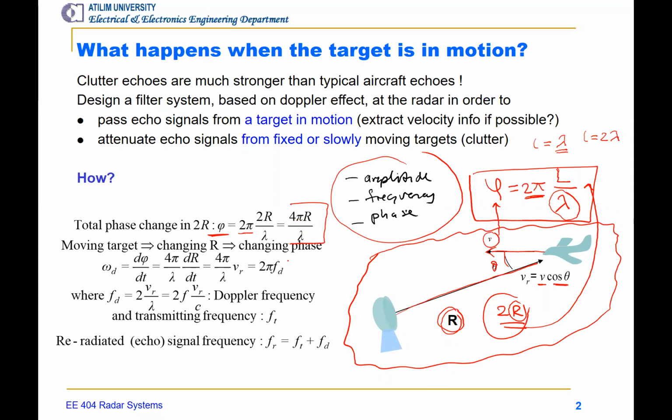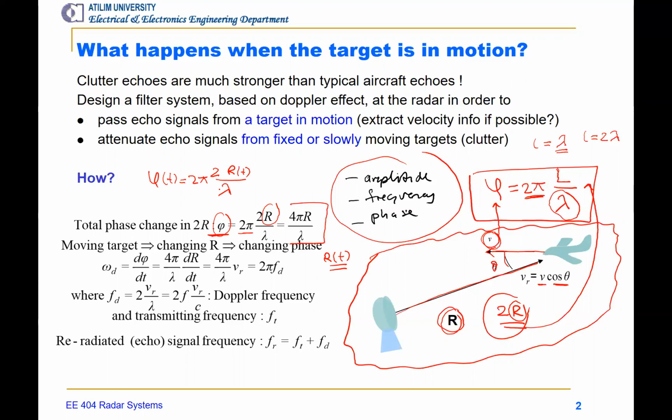Now, considering that the target is in motion, it has a speed of v, then we expect variation of the distance. So this r here is a time varying function, r of t simply. Then the phase will be time varying too. Then that's going to be phi of t simply 2 pi 2 r of t divided by lambda.